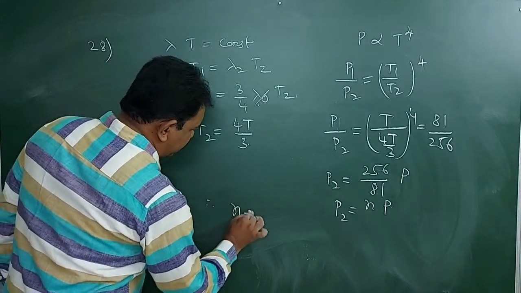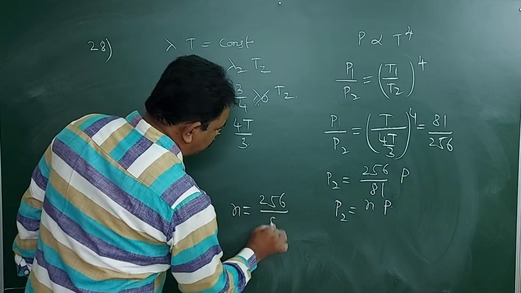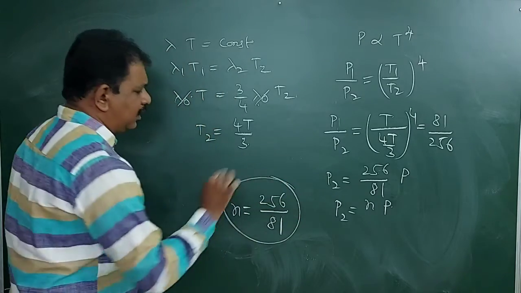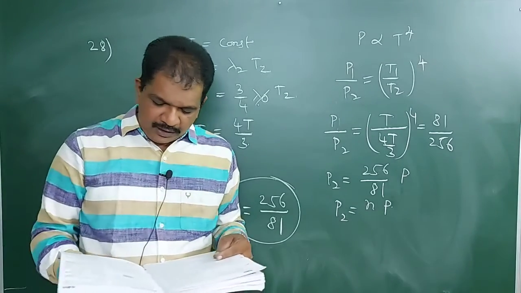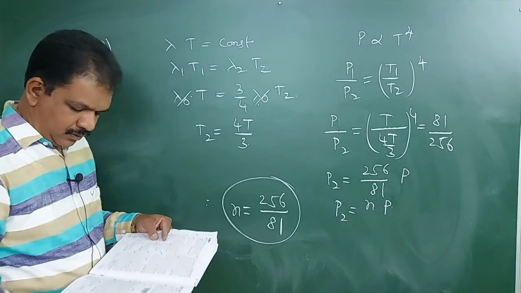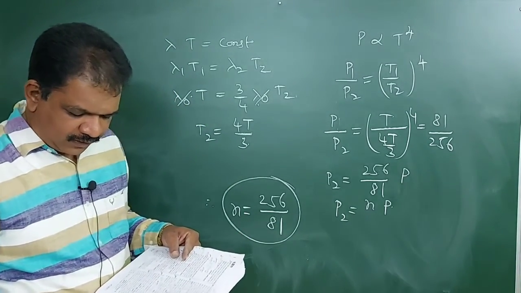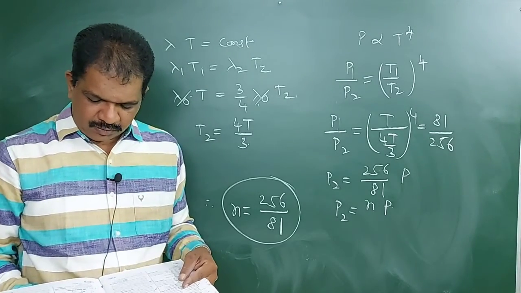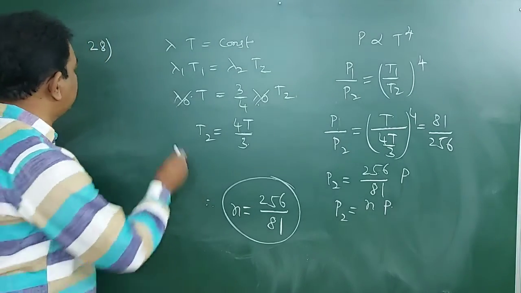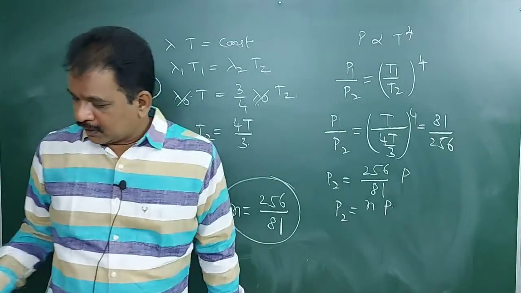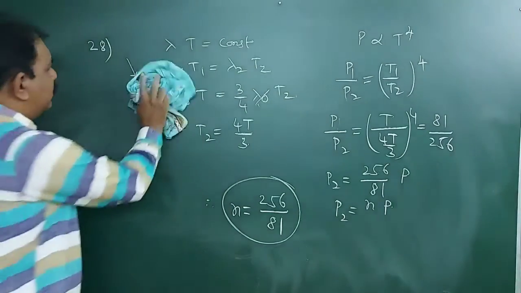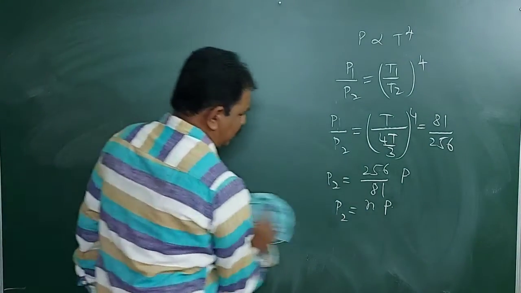Therefore, N is equal to 256/81. That will be the answer. So 28, first option. Modify the first option: not just 256, it needs to be 256/81. 28, it will be the first option. Last question, 29.